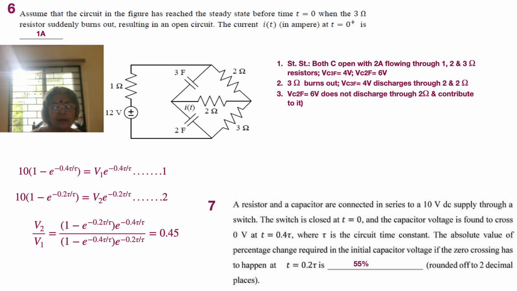There is a charging happening, as we said earlier: 10 into 1 minus e raised to minus t by tau, with t equal to 0.4 tau, because at that time the voltage equals the discharge value. So what is the discharge value? Earlier, if the capacitor was charged to V1, then V1 into e raised to minus t by tau, where t is again 0.4 tau.